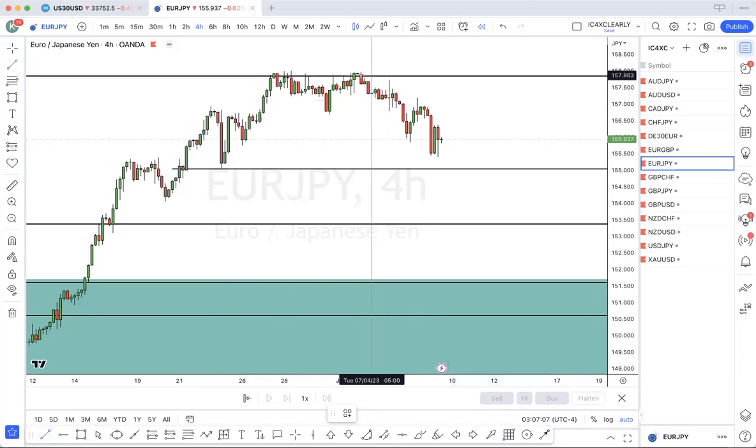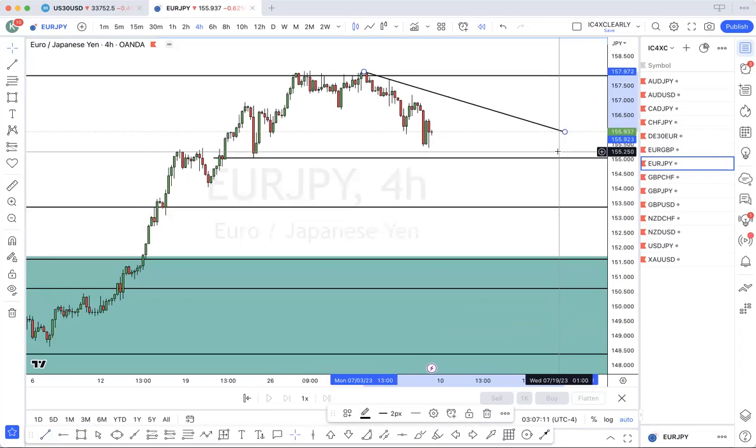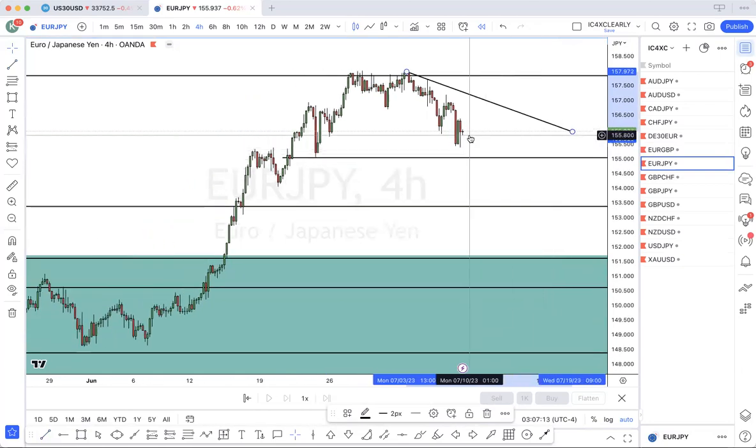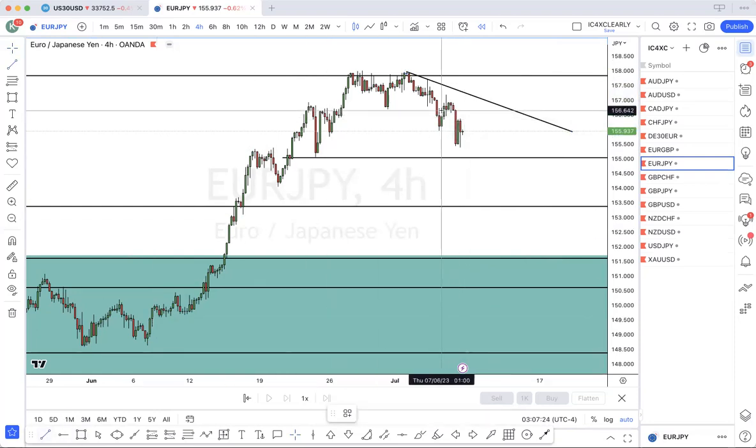But as of right now, price can pull back into this imbalance to close this imbalance, or these levels of price action, which is this wick here.